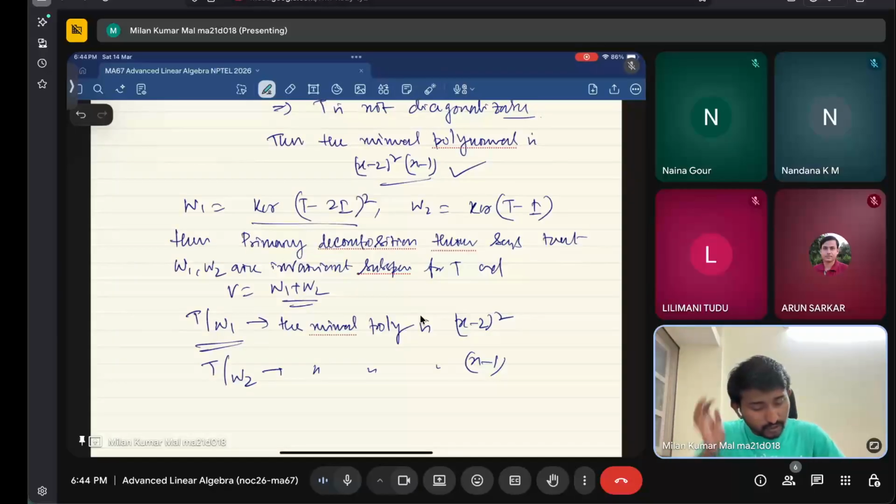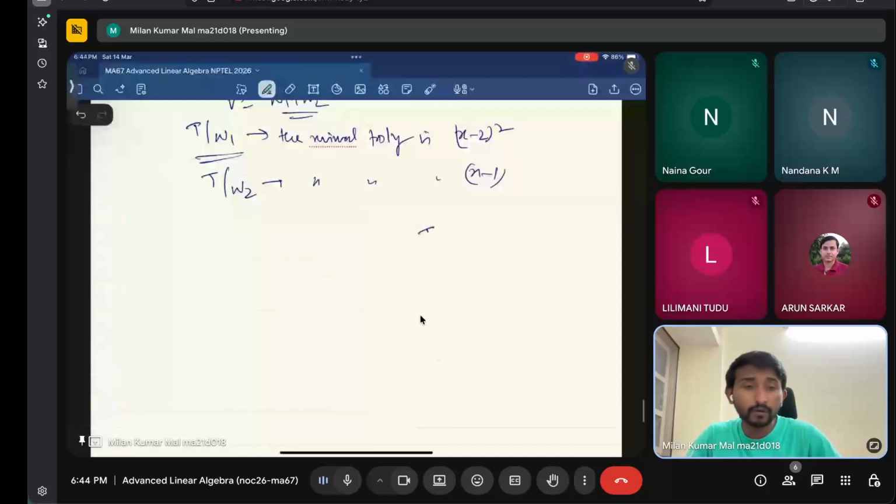What I just wanted to say here is that suppose you have the operator T minus 2I, or A minus 2I. In this case, if we write x equals 0, then the dimension of this space is actually 1.